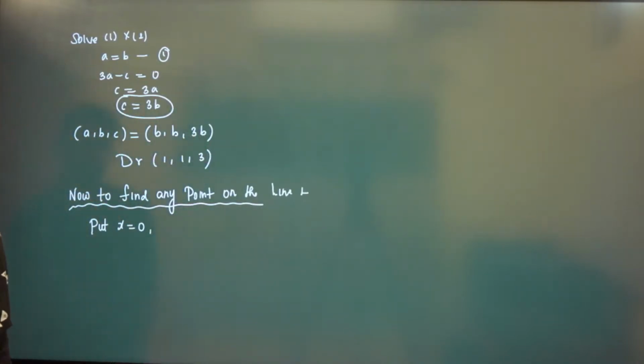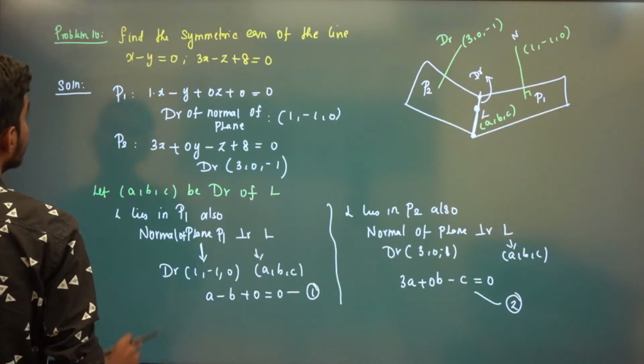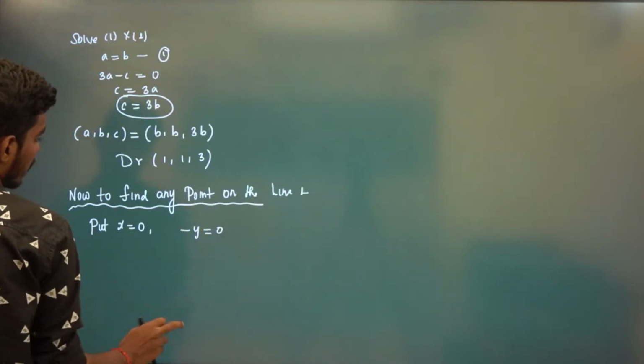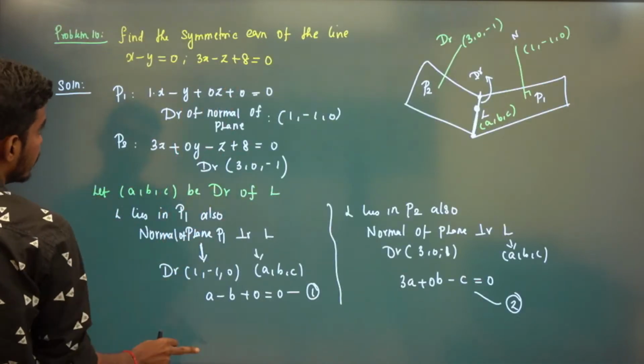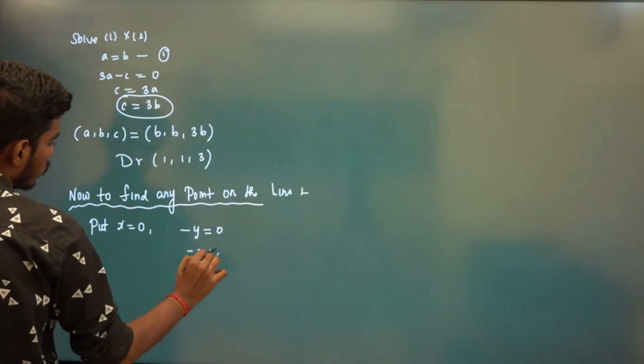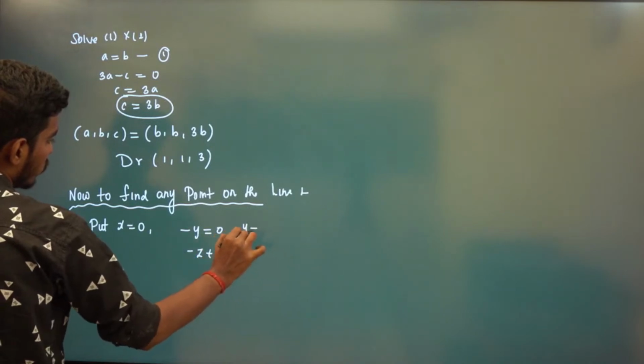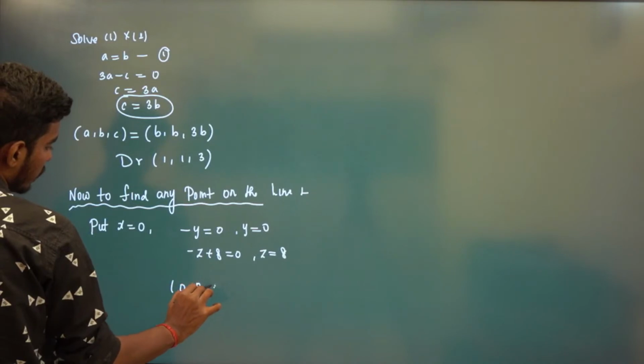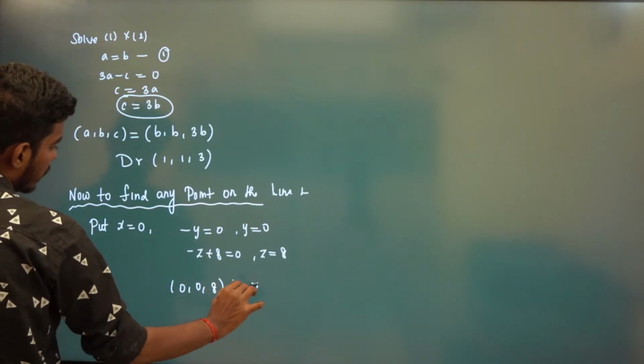So put x is equal to 0. Then we will have y is equal to 0. And if x is 0, you will have minus z plus 8 is equal to 0. This is one of the coordinates, right? That means y is 0, z is 8.